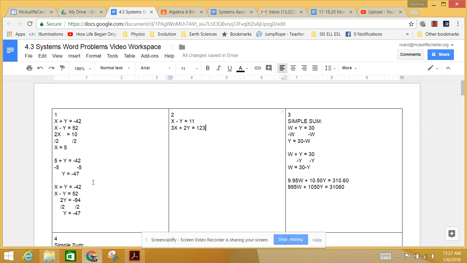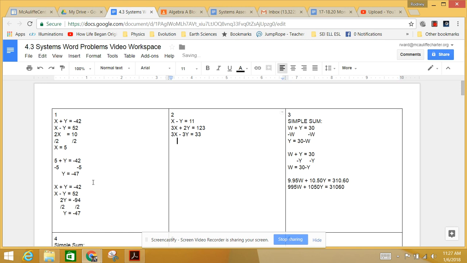Now I'll go ahead and solve this one. In this case, I'm going to want to get coefficients so they're the same. So I can either get a 3x or get a negative 2y. So I'm going to multiply everything by 3. And when I do that, I can subtract the two equations.